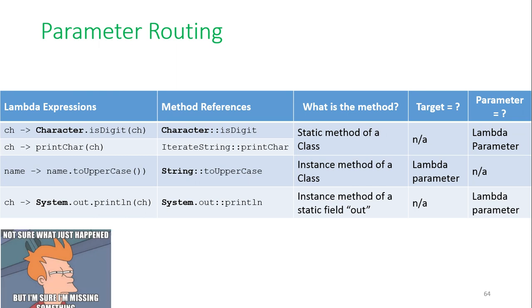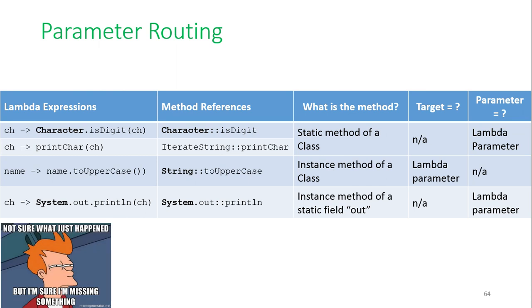And then we have this last example, which is a little bit different, okay? Let's start with what type of method this is supposed to represent. It's an instance method of a static field. Okay, so how do we write the lambda? The lambda would be ch arrow System.out.println ch. So that looks like the first example that we considered in this table, right?